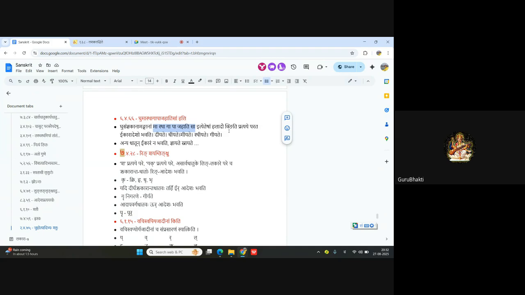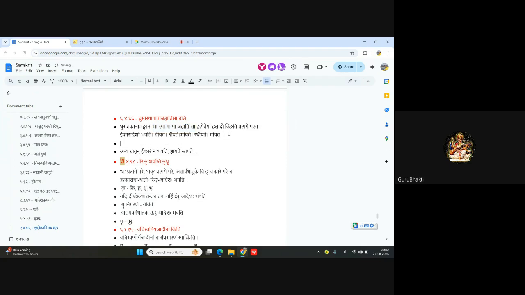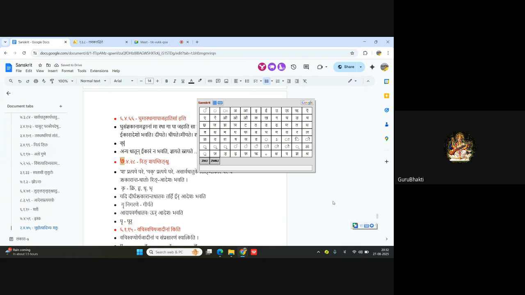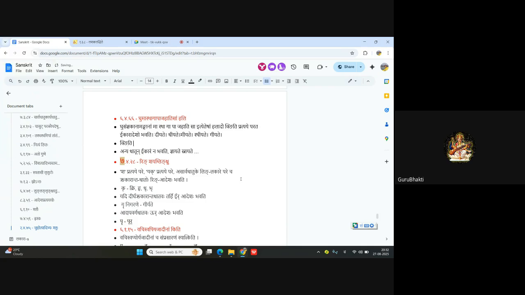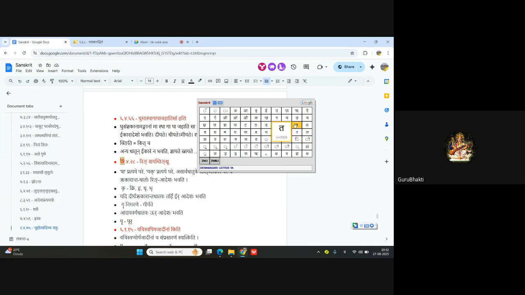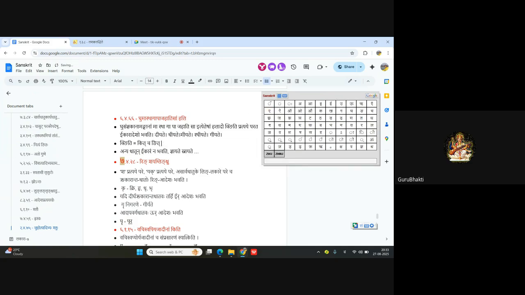Kniti means kit and nit. These both are called kniti.